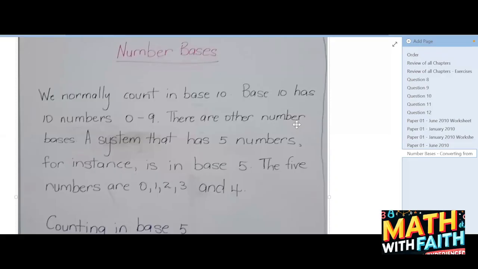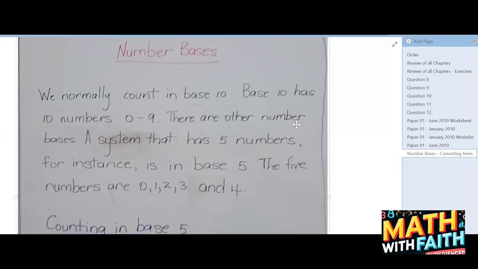That might sound weird because we normally count in base 10. And base 10 has 10 numbers. If you count them, it's 0, 1, 2, 3, 4, 5, 6, 7, 8, 9. So 1 to 9 and 0, that's 10 numbers in base 10.